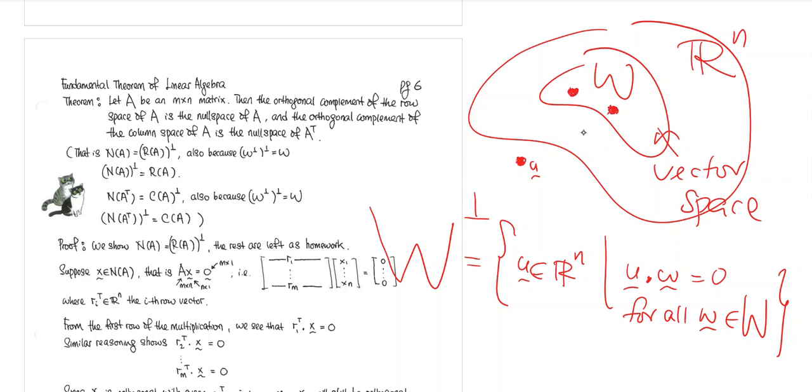U and this element will be 0, U and this element will be 0. In fact, you are looking for vectors that are orthogonal. Dot product equal to 0 means they're orthogonal. So you're looking for vectors that are orthogonal to every vector in W.